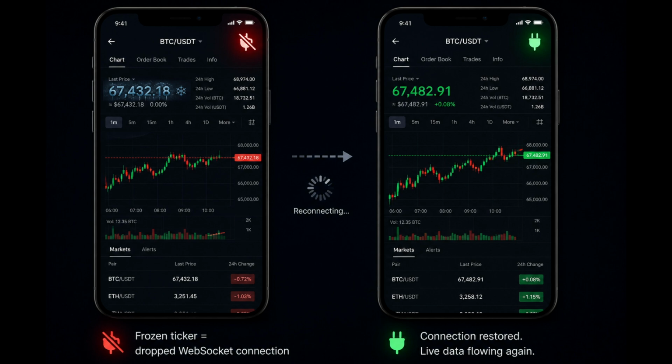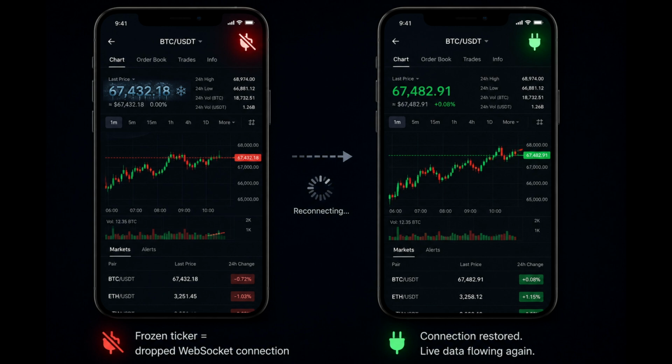This is actually why live price tickers sometimes freeze without warning and require a manual refresh to start updating again. The WebSocket connection dropped, maybe due to a network hiccup, a server-side timeout, or a brief interruption, and the reconnect logic either failed or didn't exist. The app looks fine, no error message appears, but it's showing you a frozen price from the moment the connection died, not the current market price.